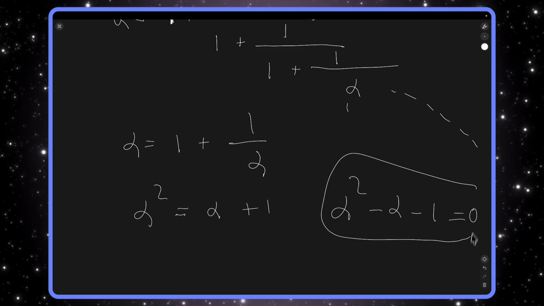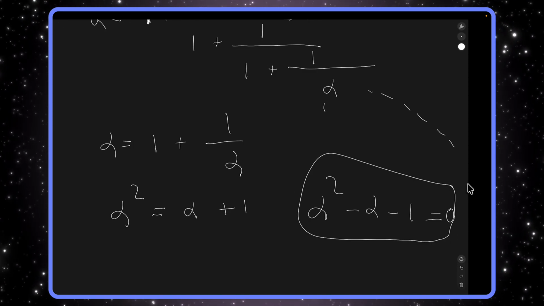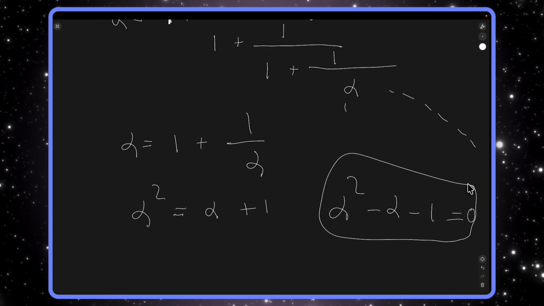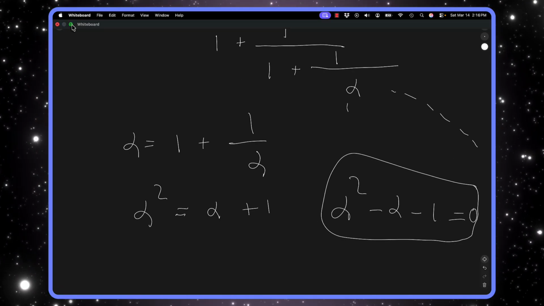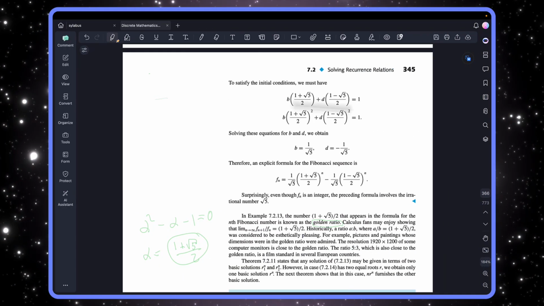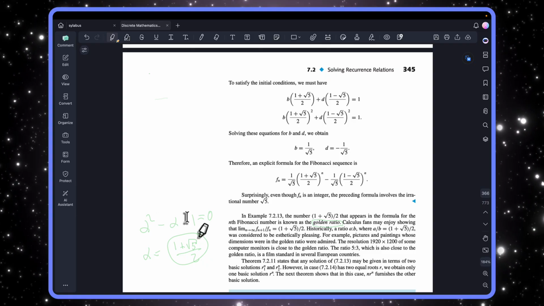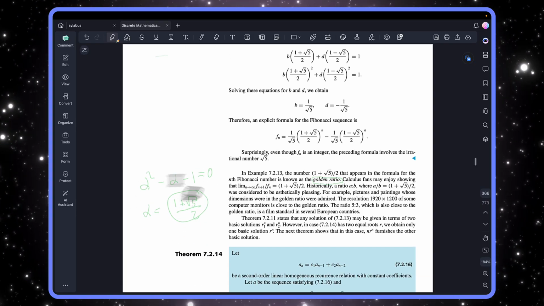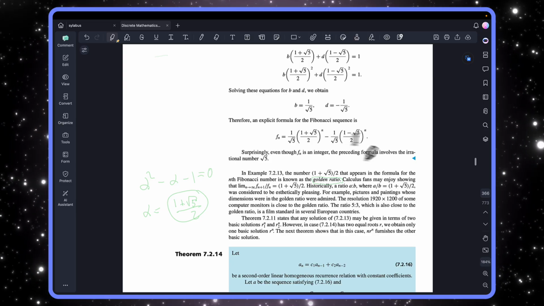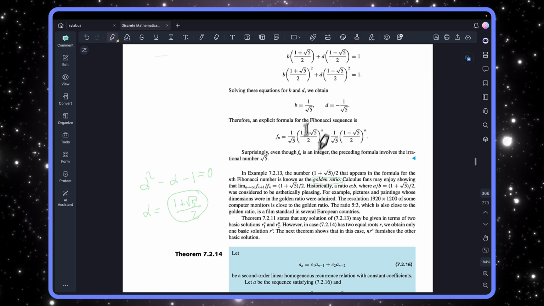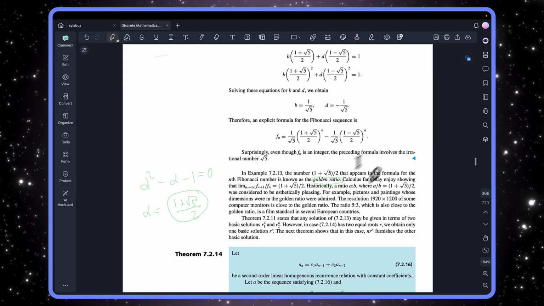And that's exactly what I had written down here. If you use the quadratic formula on that, you get these two solutions. And that number right there is called the golden ratio, and it pops up everywhere.